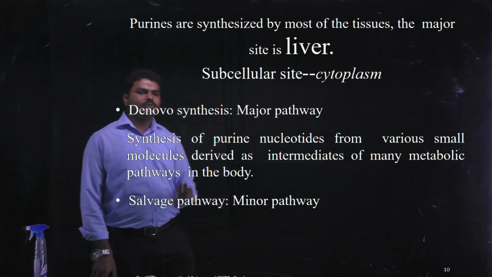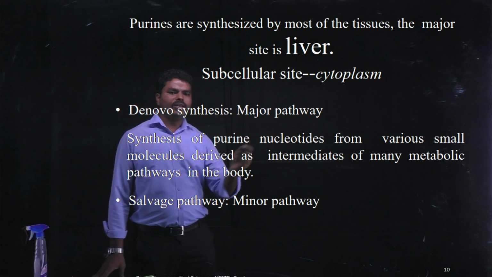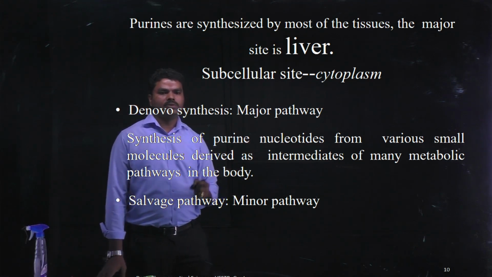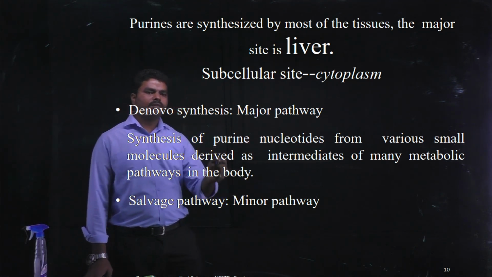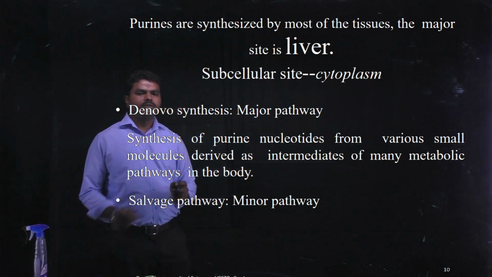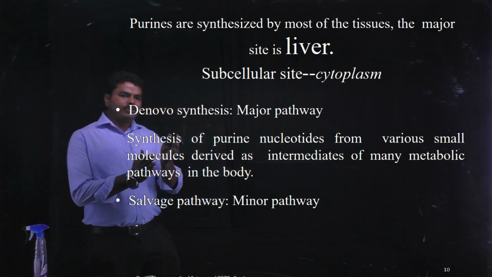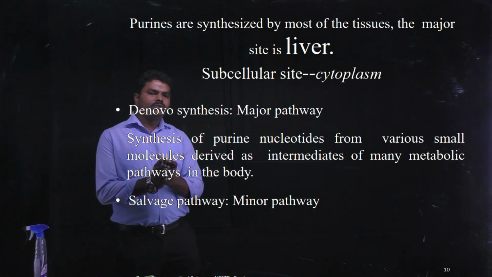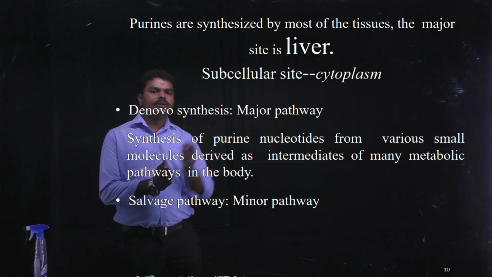The synthesis of purine nucleotides uses various small molecules derived as intermediates of many metabolic pathways in the body. That means the purine nucleotides are produced from small molecules derived from the intermediates of many metabolic pathways.